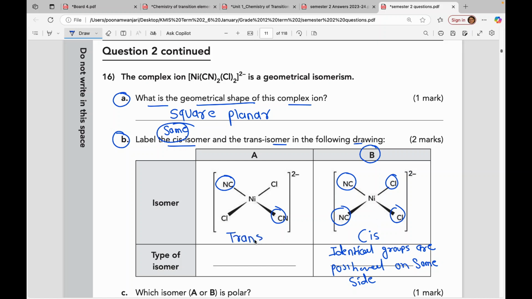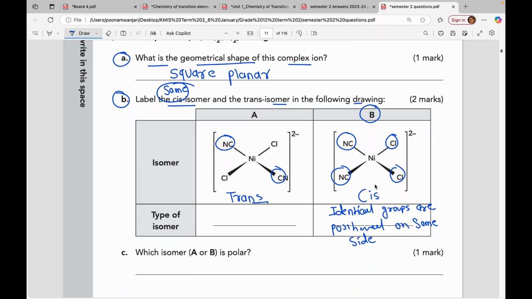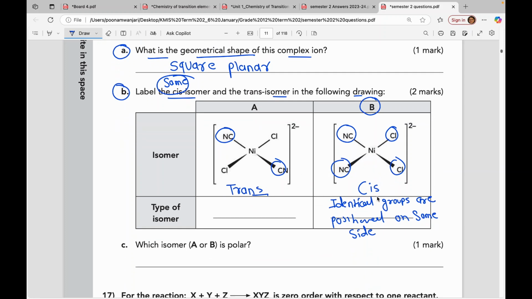When the same groups are on opposite sides, it is a trans isomer, and when the same groups are on the same side, it is a cis isomer. So cis, trans and cis. Now, which isomer from A and B is polar in nature?